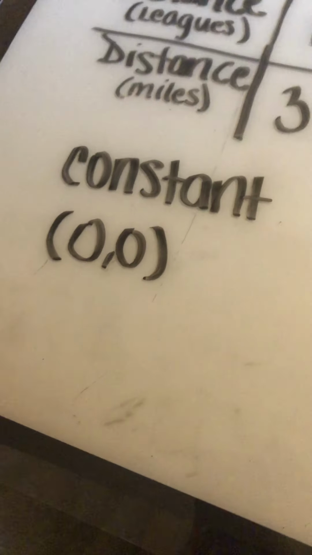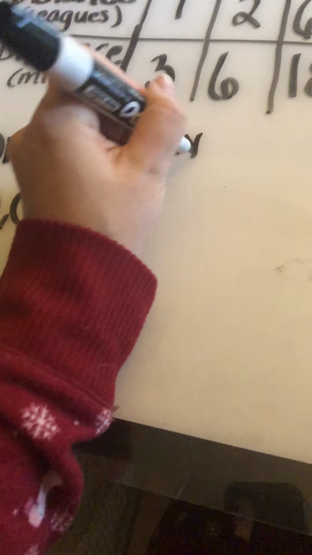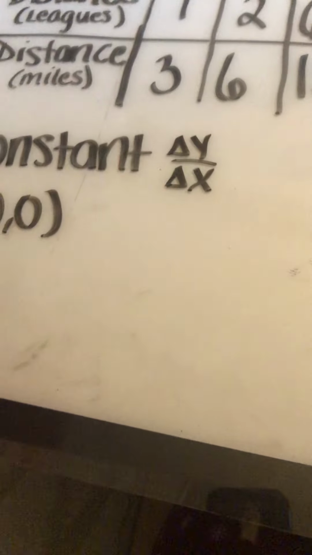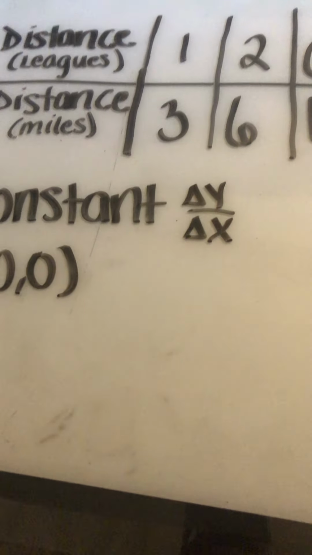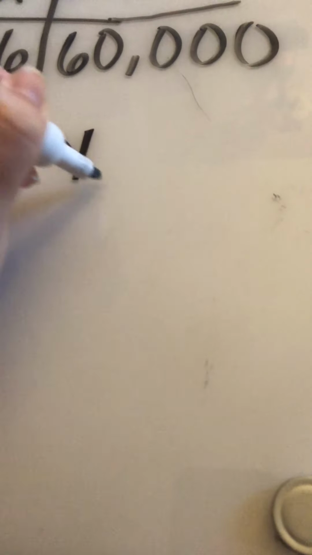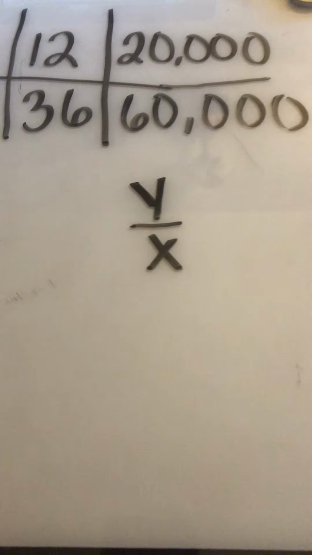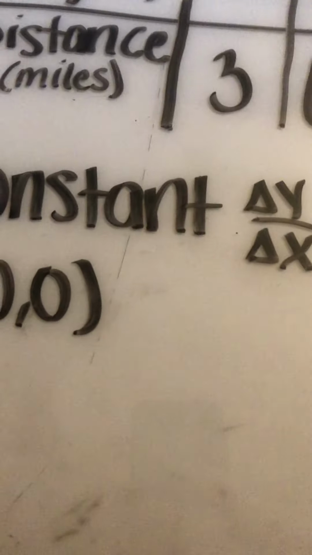There are two ways we can figure this out. We can do what we've been doing, which is finding the change in y over the change in x and see if it comes out the same. Or you could have done option 2, which was checking for that constant y over x being the same. I'll show both so you can see that, but I'm going to start with this one.